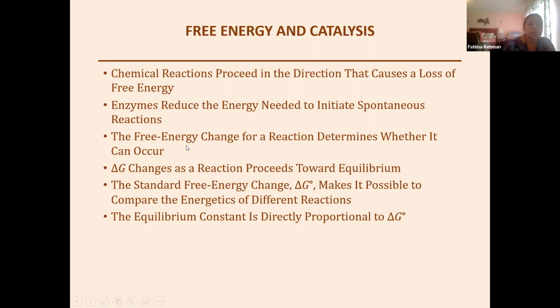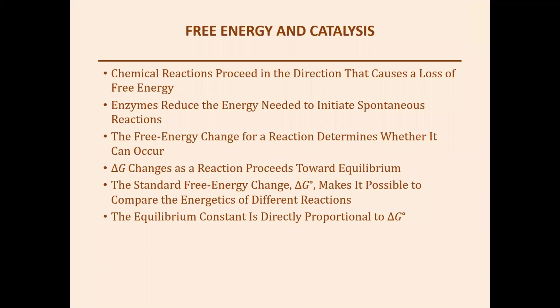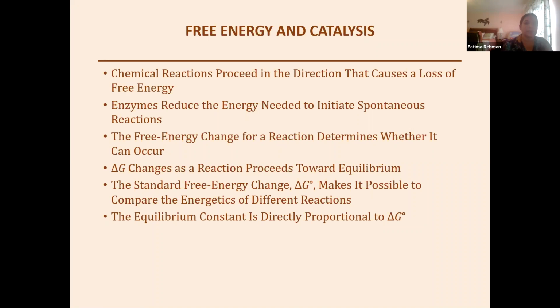The free energy change for a reaction determines whether it will occur or not. So whether the free energy is increasing, which is positive and will mean a spontaneous reaction, or whether it is decreasing or getting consumed by the reaction, which would mean that it is a non-spontaneous reaction.